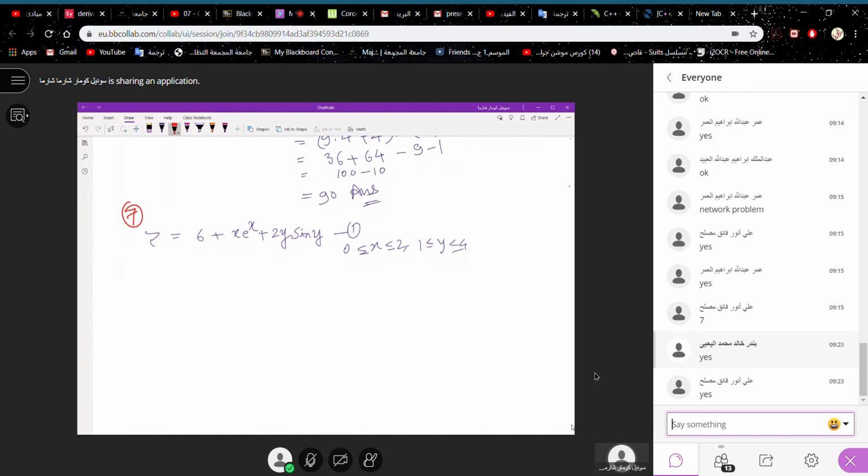This is the volume over R. Here R is how much? 0 is less than or equal to x less than or equal to 2, 1 is less than or equal to y less than or equal to 4. Okay?